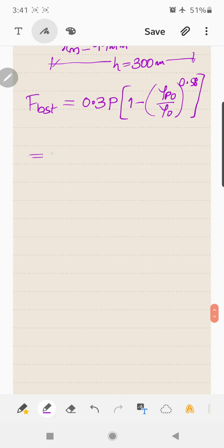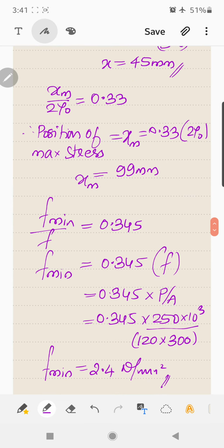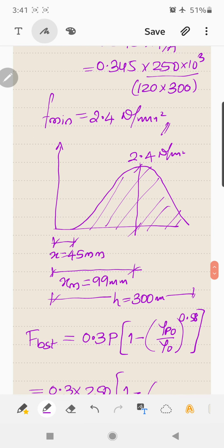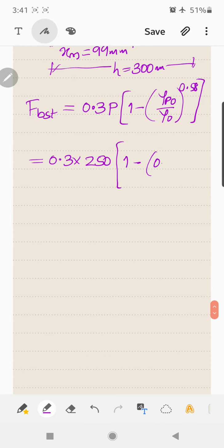So 0.3 into 250 into (1 minus yp naught by y naught), where the distribution ratio, which we have already calculated, is 0.25, raised to 0.58.